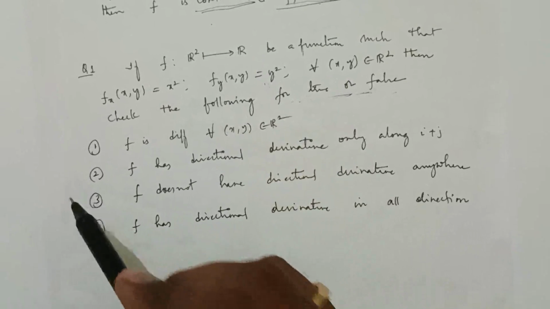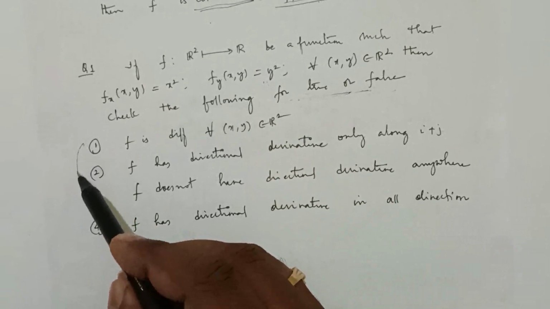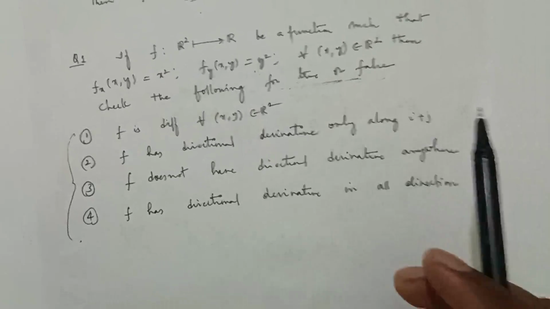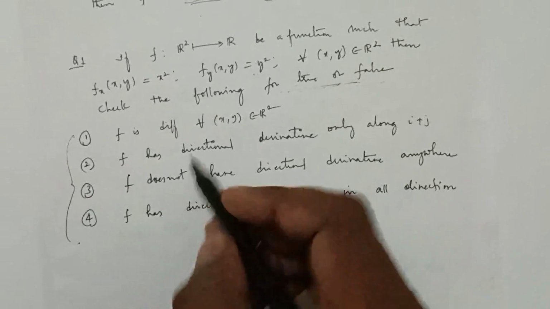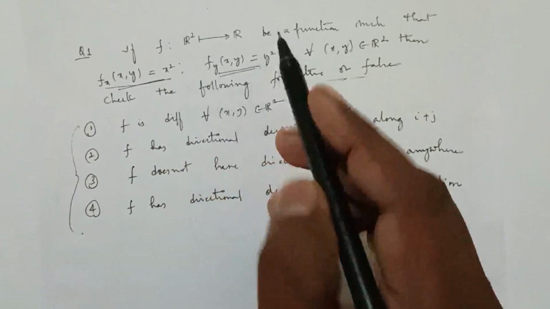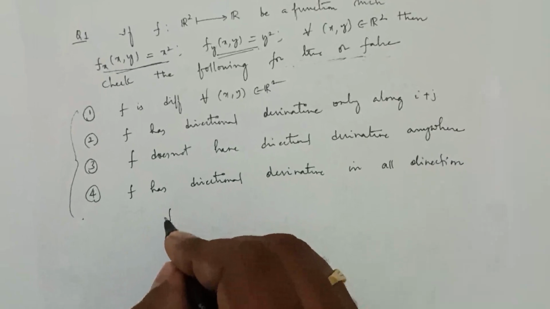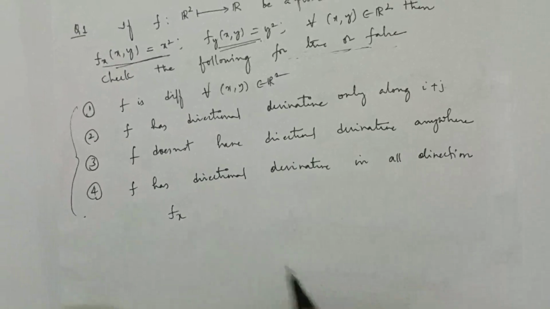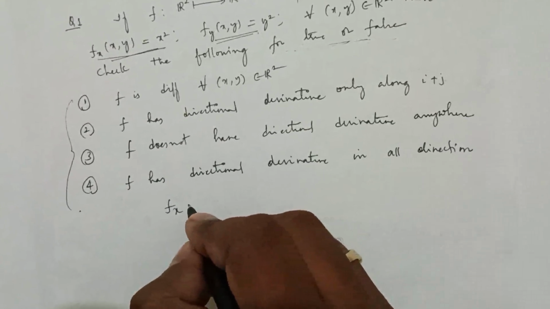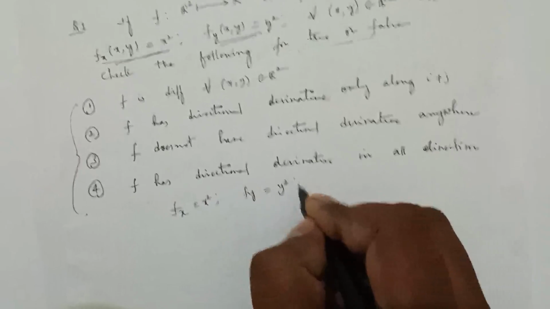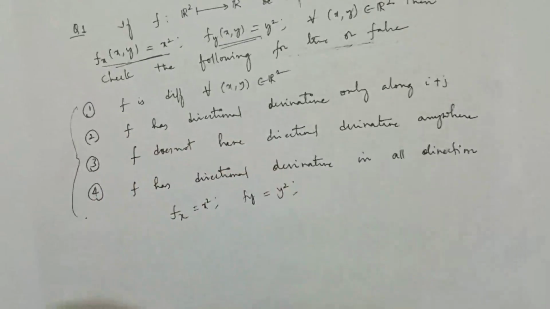It is clear, it's not the options, we need to give which one of them is true or which one of them is false. So since he has given the partial derivative as x square and the partial derivative as y square, fx is given to be x square and fy is given as y square. So he has given a few options.